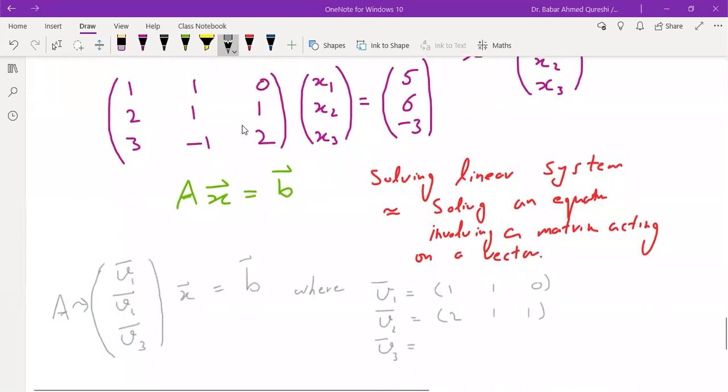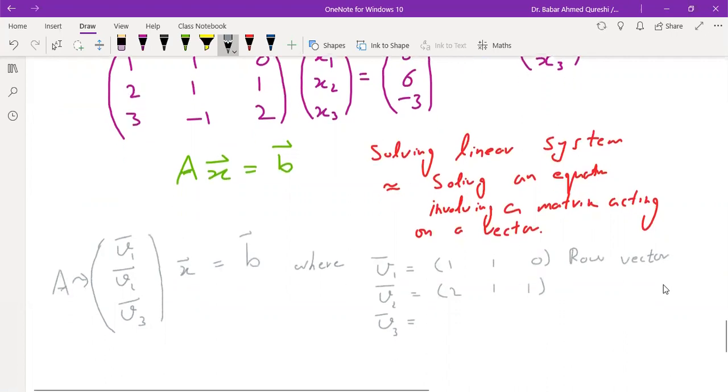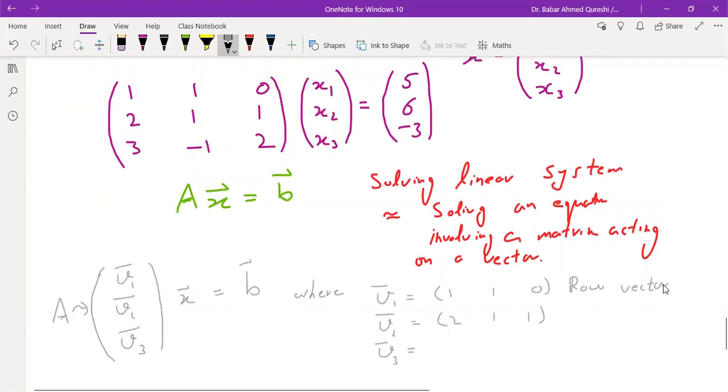And how do I multiply a matrix with a vector? There were two ways. One was that you think of this matrix itself as composed of some row vectors. Row vectors, you can recall, so this is a row vector. If you just, instead of listing the numbers in a column, list them in a line from left to right, that's a row vector.